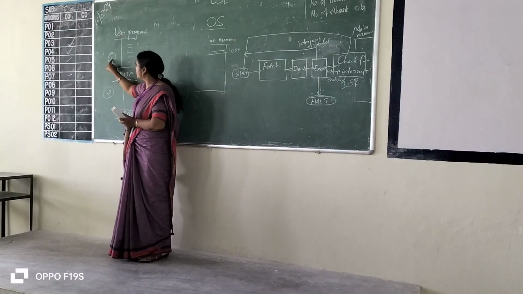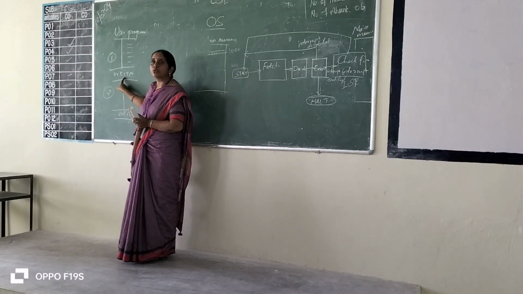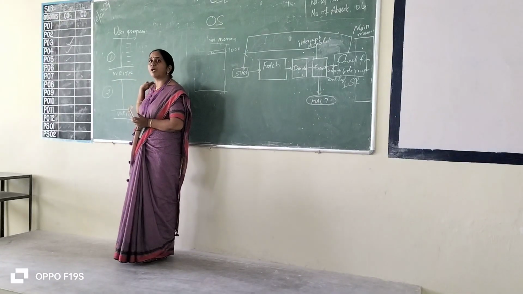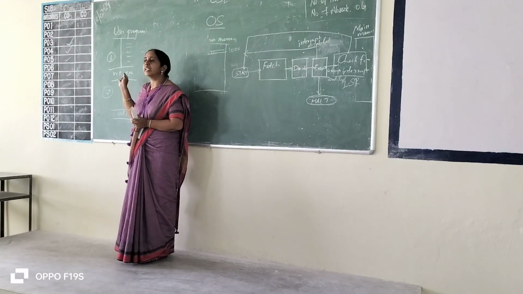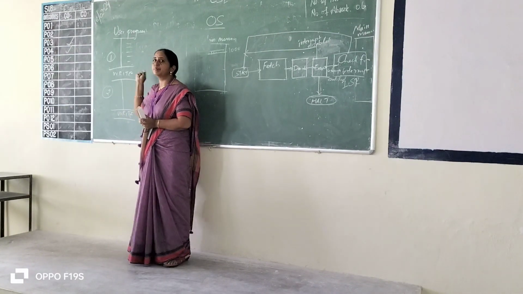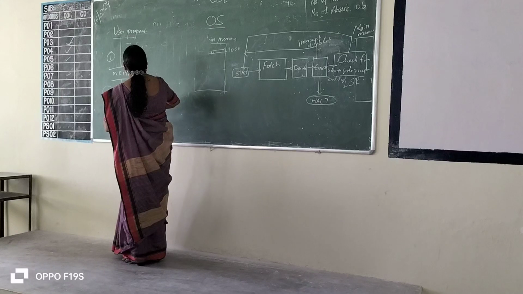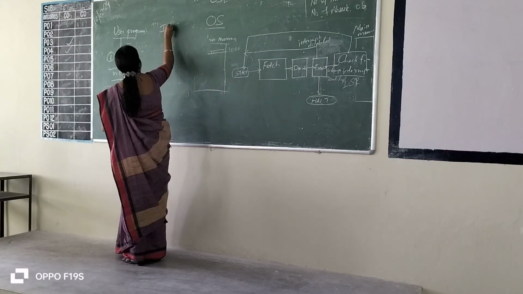After completing this program segment 1, there is some write operation. Write operation means it needs some I/O devices. In that case, the control will be transferred to the I/O program, right? So here there is some I/O program.